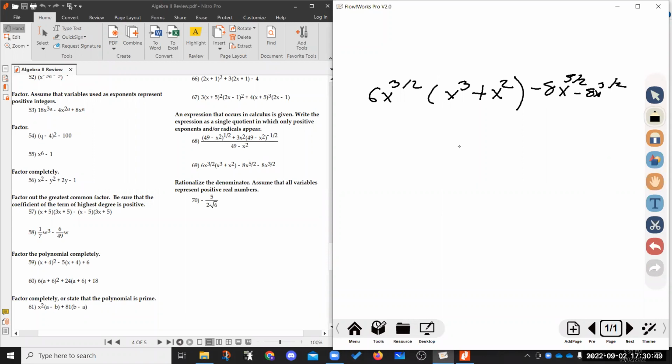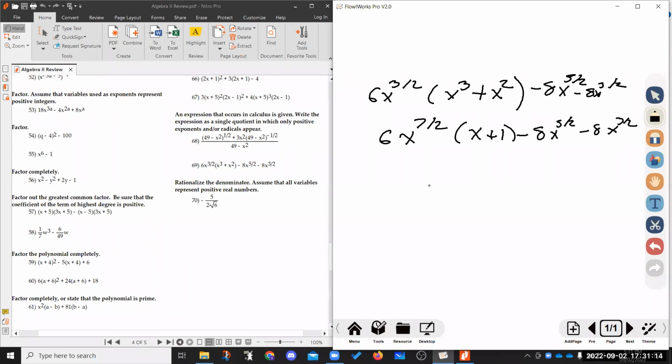So we would like to pull out the greatest common factor. Before we do that, though, let's pull out this x squared. This is x squared, which is going to be x to the 4/2, and 6x to the 7/2 of x plus 1 minus 8x to the 5/2 minus 8x to the 3/2.